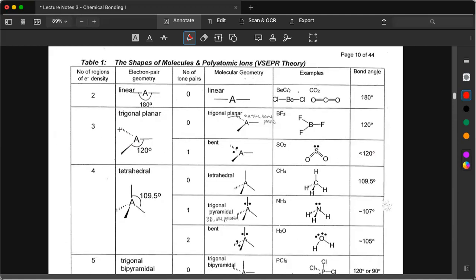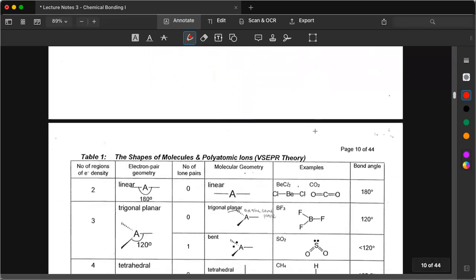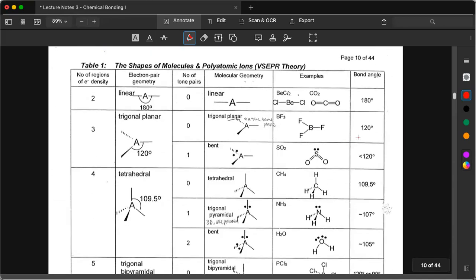Now, trigonal planar, if there are no lone pairs like BF3, will be 120 degrees. However, if there is a lone pair on the central atom, like SO2, the angle will be smaller because of repulsion effect, so it would be less than 120 degrees.